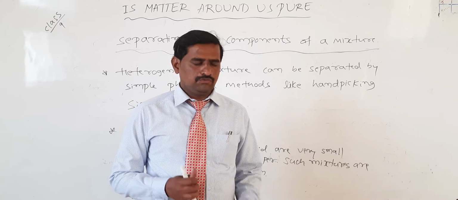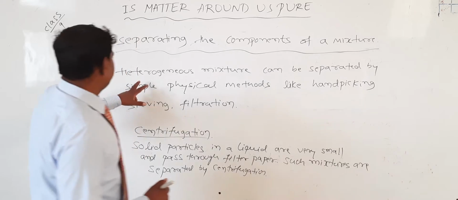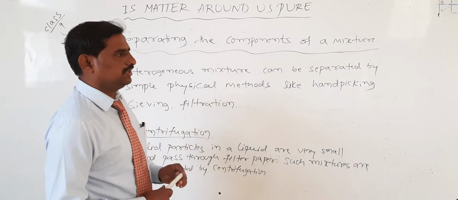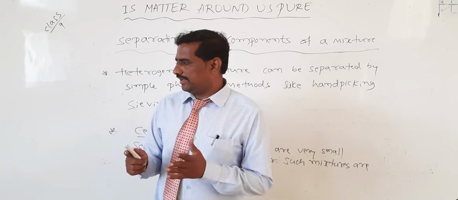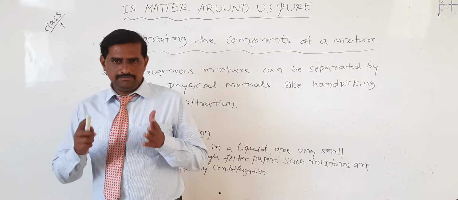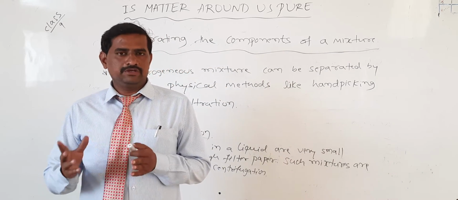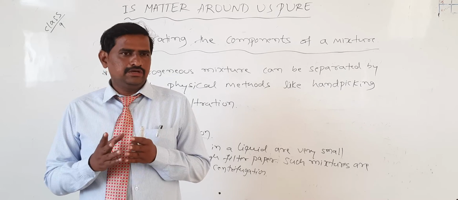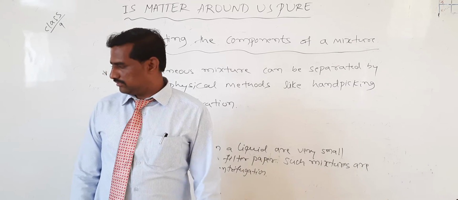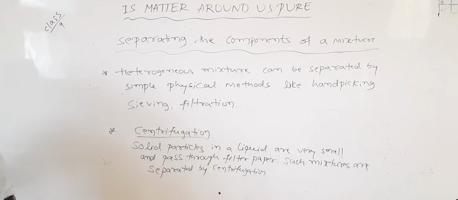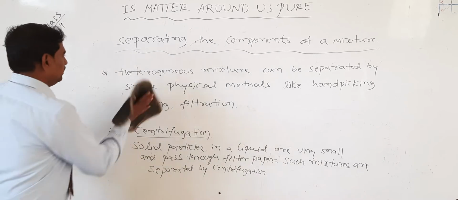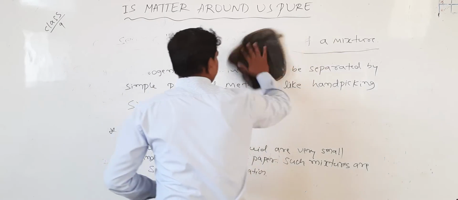Next, what happens when two or more immiscible liquids are mixed? How can we separate them? That is the separation of immiscible liquids by the separating funnel.